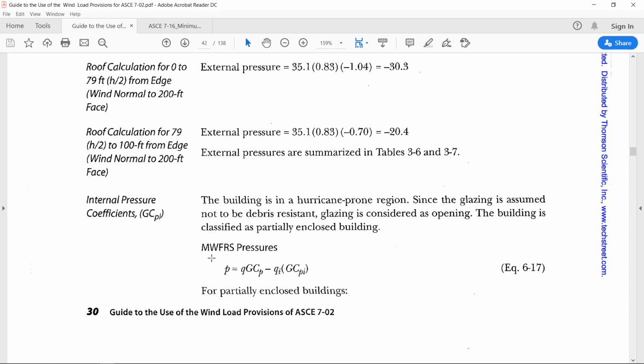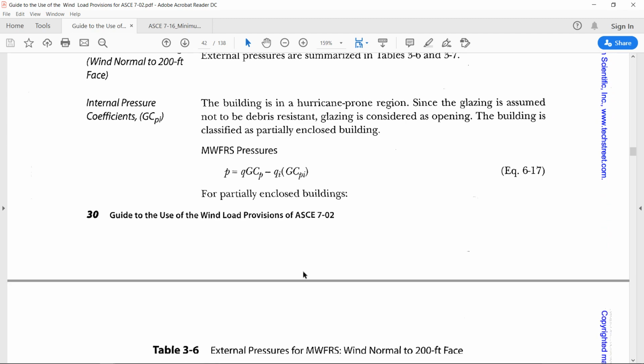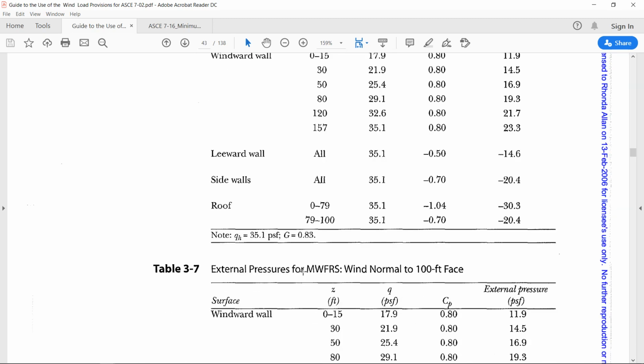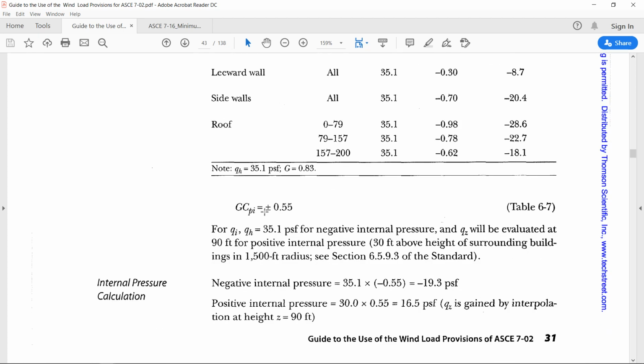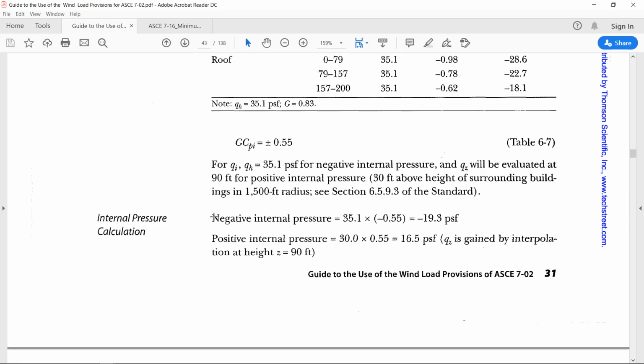So for the main wind force resisting frames, the pressure is calculated like this, where the coefficient GCpi was calculated as plus minus 0.55. Here I want to show you that the negative internal pressure is taken as minus 0.55, and it is multiplied by the pressure qh, which is 35.1.